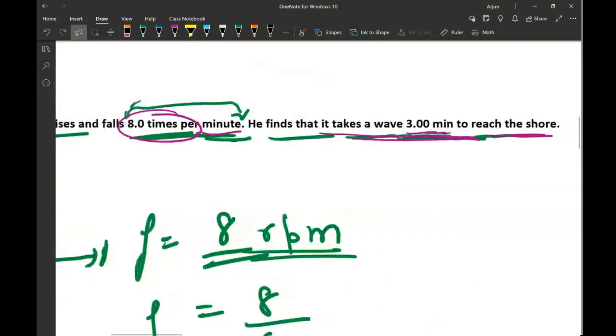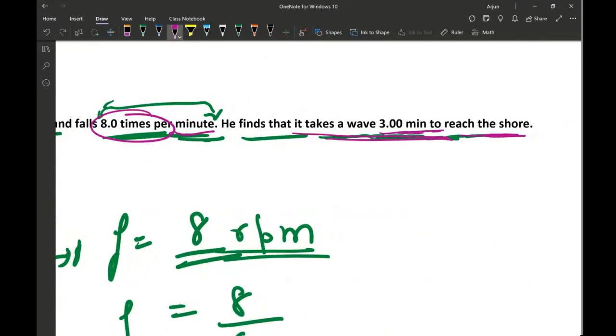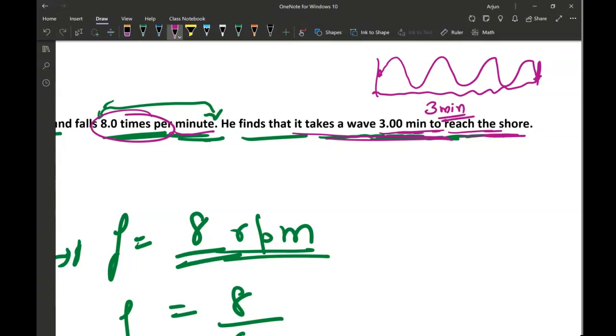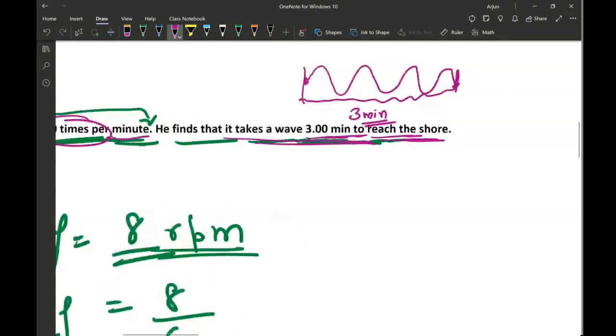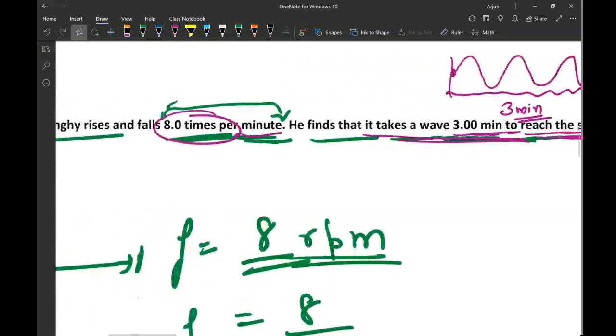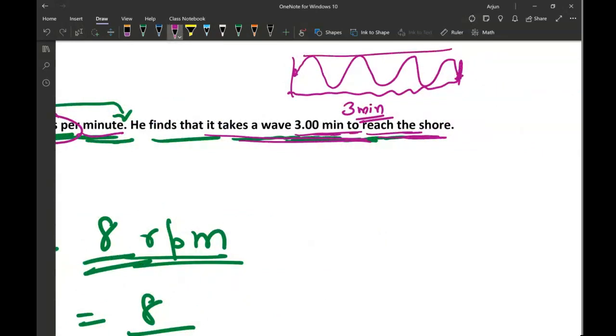If it was given that it takes the wave 3 minutes to come back to the point from where it started, meaning it reaches the shore and then comes back to the same point, and the total time for this process is 3 minutes, then I will double the distance, because the distance traveled by the wave will be not only this 250 meters in the forward direction, but also 250 meters in the opposite direction.